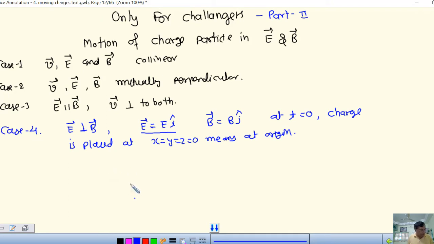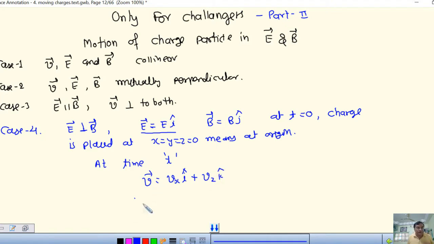So we say at time t, the velocity is v equal to Vx i, since it has x component, and also it has velocity in z direction, so Vz k, but it doesn't have velocity in y direction, that is sure.